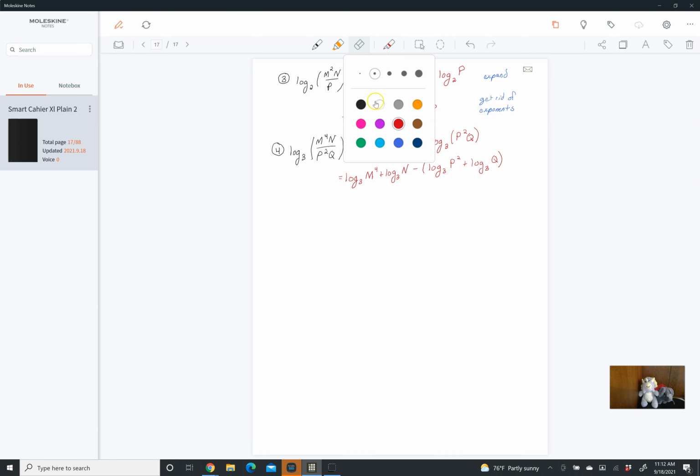So again, first we use the quotient property, and then we use the product property. And what we can do is we can distribute this minus sign.